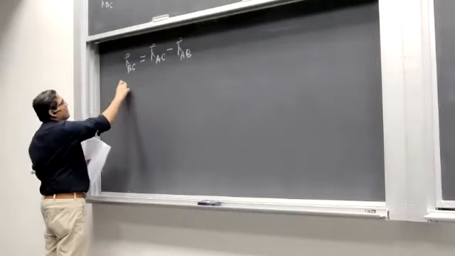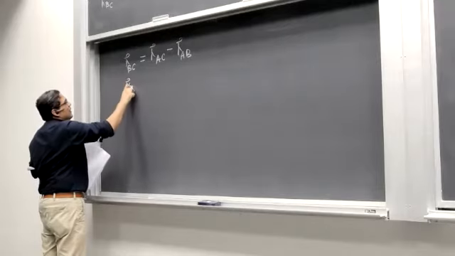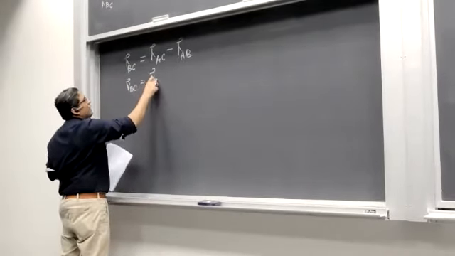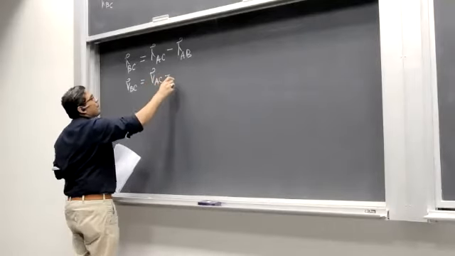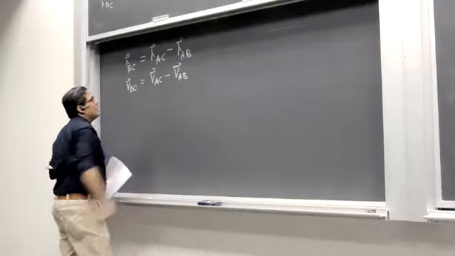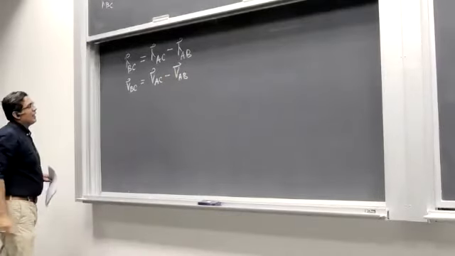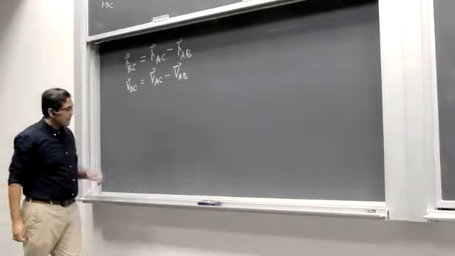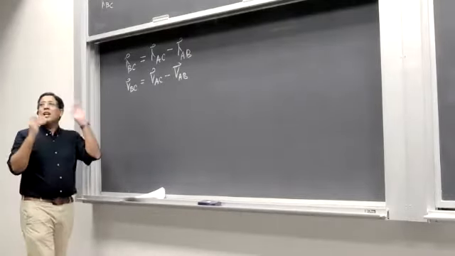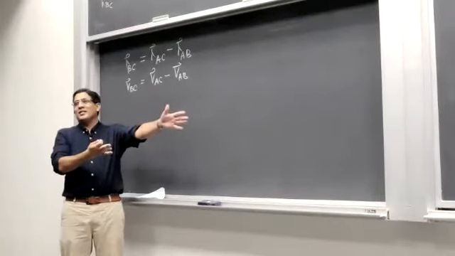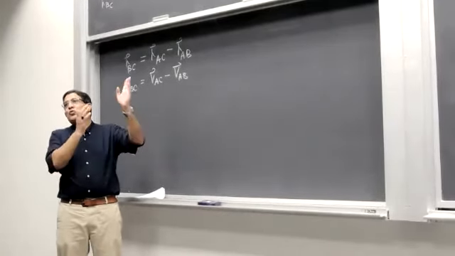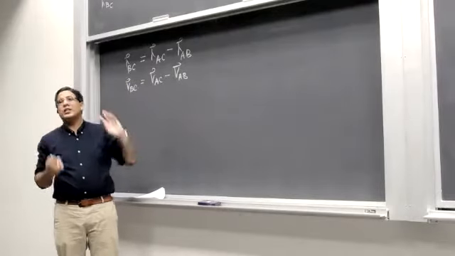So if you take a time derivative, you get VBC equals VAC minus VAB. All right. Now, what this means is that if you have two objects moving at two different speeds, and you know their speeds with respect to a third point.